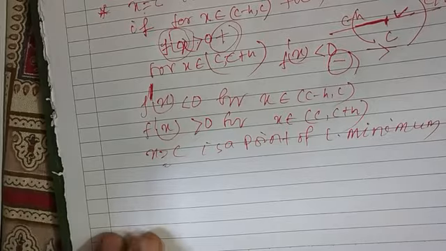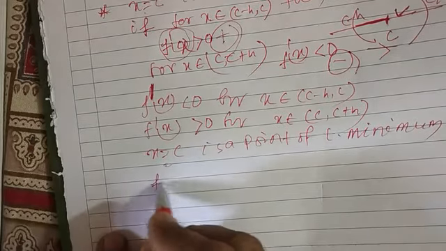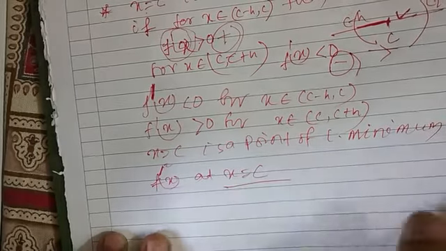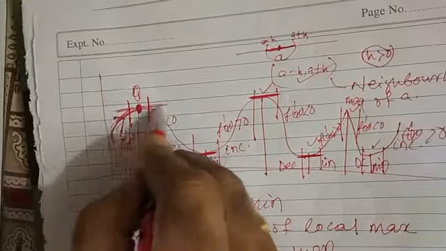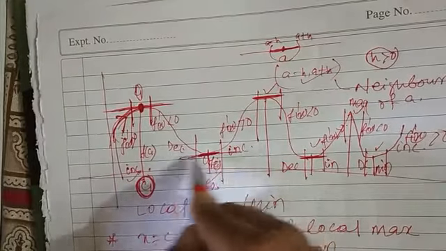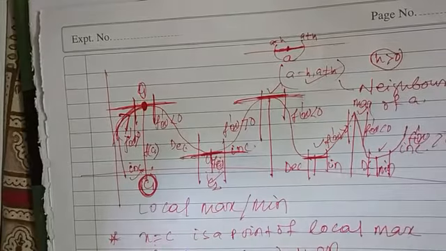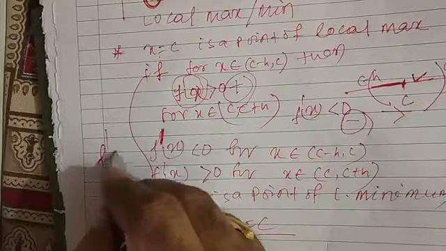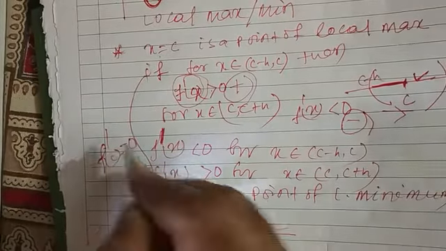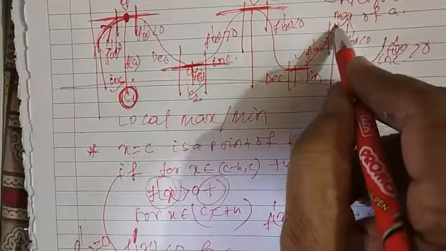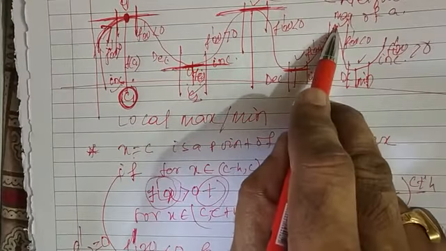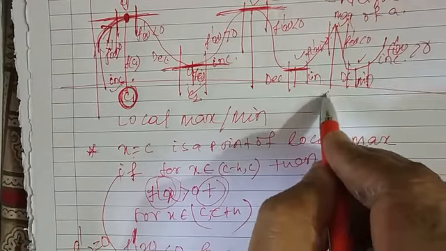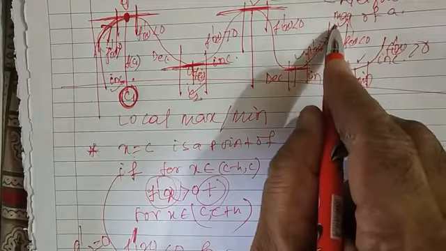Okay, getting the idea? But what happens to f dash x at x equal to c? You see, at x equal to c, the tangent is parallel to what? X axis. Means for all these cases, f dash c is equal to 0. But you mark at this point, the function is not differentiable. Still, x equal to this point c is a local maximum.